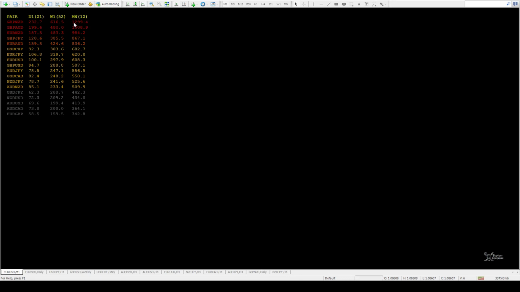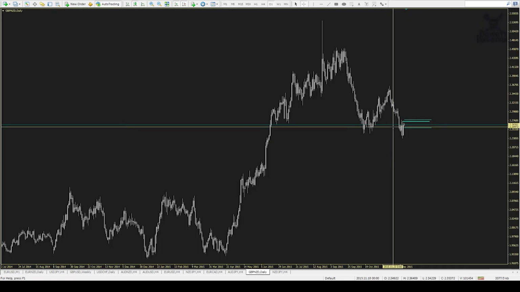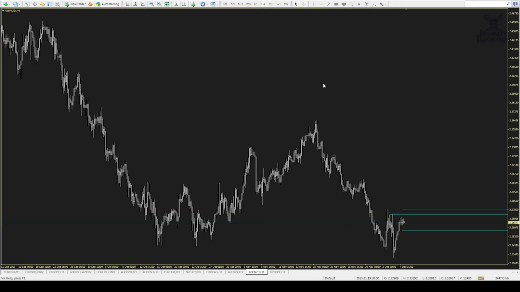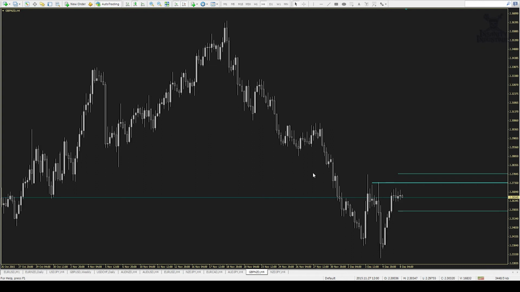So that's how many pips that it's ranged every month for the last 12 months, about 1,300 pips. It's a huge mover. So when we see this and it goes 1,300 pips in a month, and we're going to attempt to take 150 pips, you might think that's a pretty big mover. It's a pound pair, so it's got a bigger lot size than normal, but we'll come into the 4 hour and we'll see what we can see.